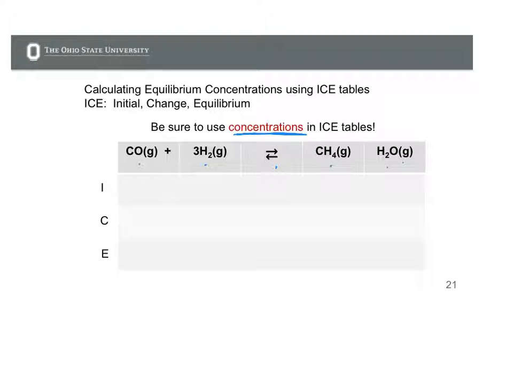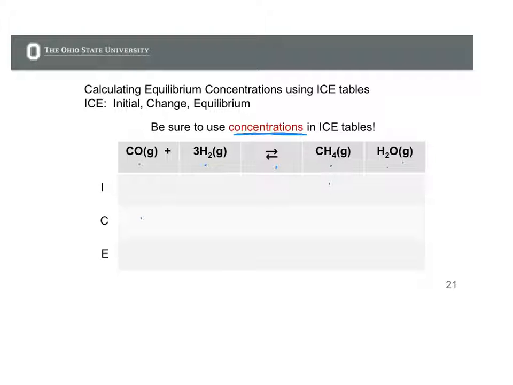But sometimes you start with products as the reaction is written. So it is possible to start with methane, for instance, and see where we end up in terms of the equilibrium. So you're going to have some values written in the initial concentrations. For the change line, you're going to have very little information, essentially.